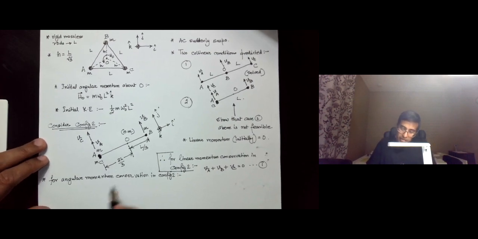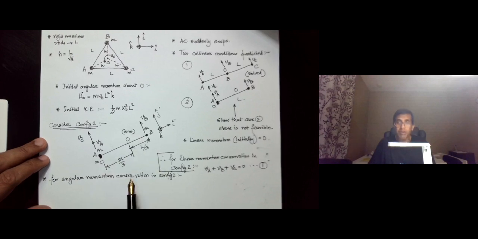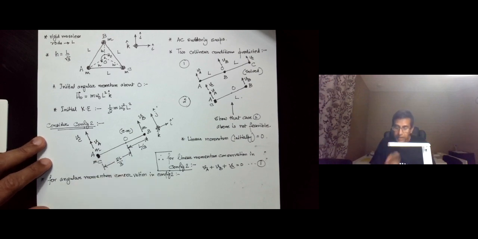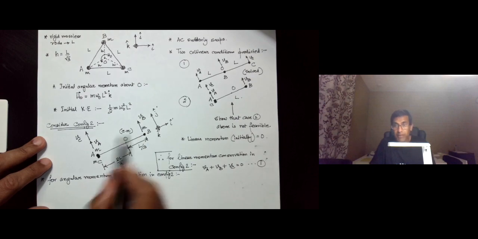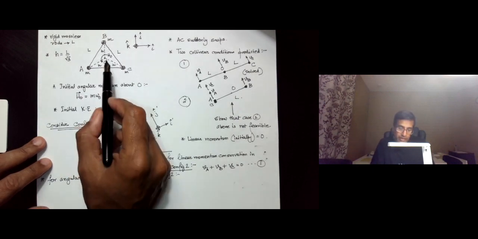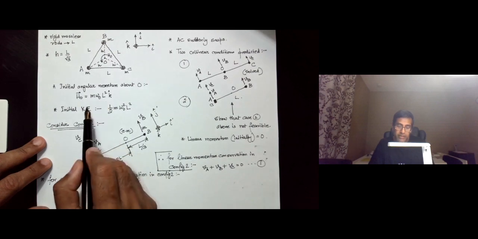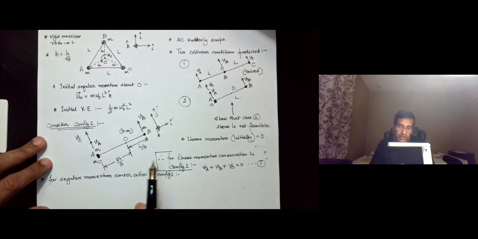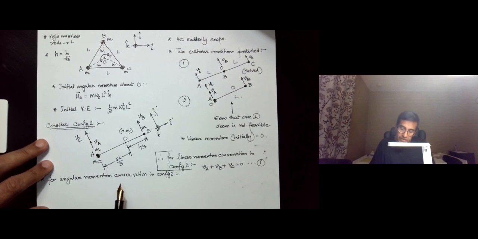So the angular momentum at this arbitrary configuration, whose feasibility we are trying to explore, is going to be the sum of the angular momenta of these individual particles. We note that the initial angular momentum is positive. Counterclockwise angular momenta are considered to be positive.